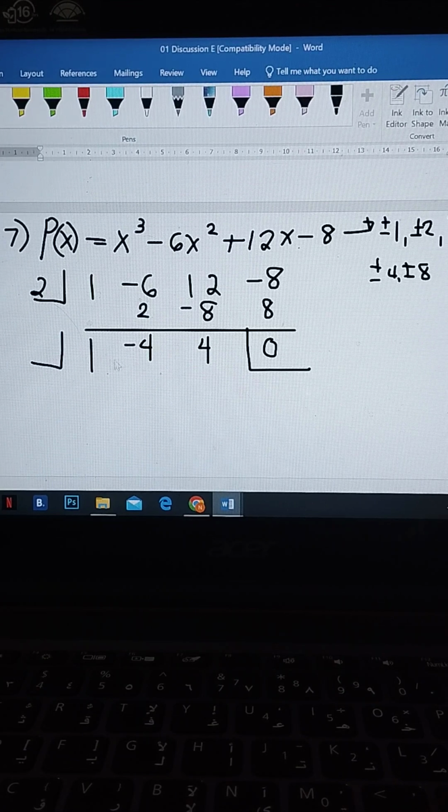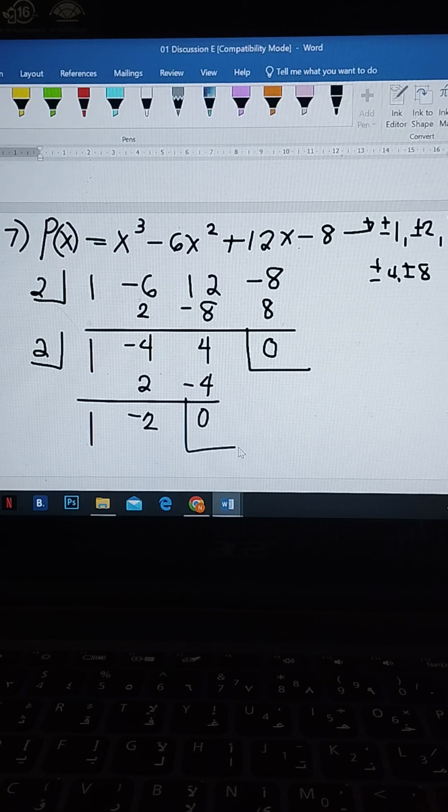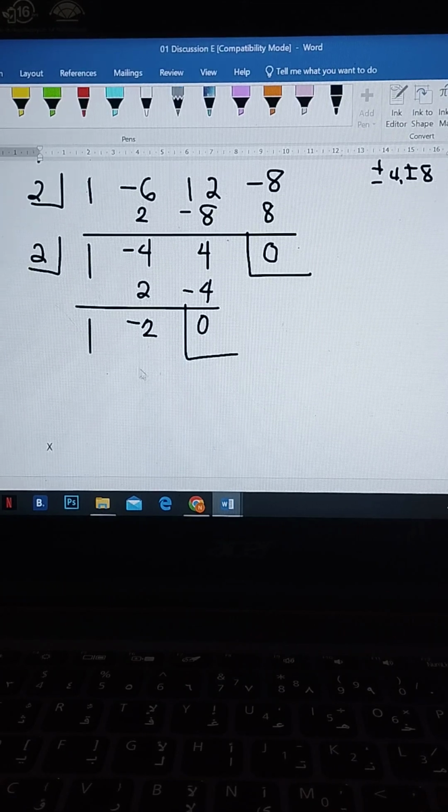So we know that this is x squared minus 4x plus 4. So therefore another 2. So that's now equal to 1. Then 2, negative 2, negative 4, and 0. Okay, and then use this again.